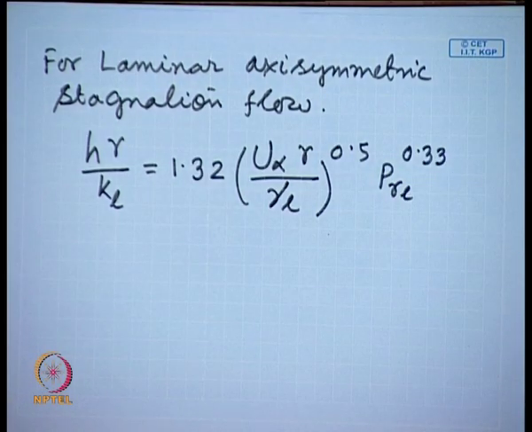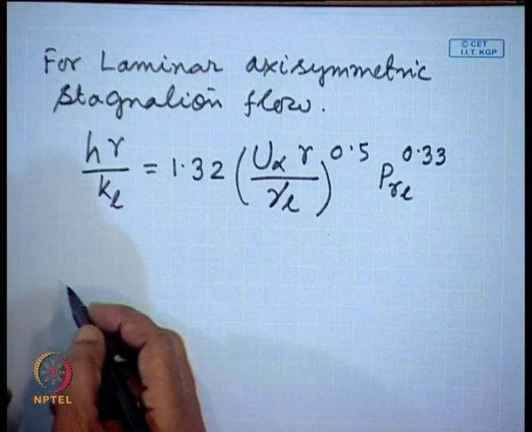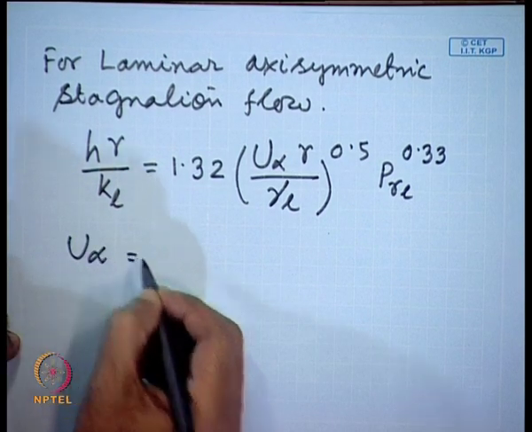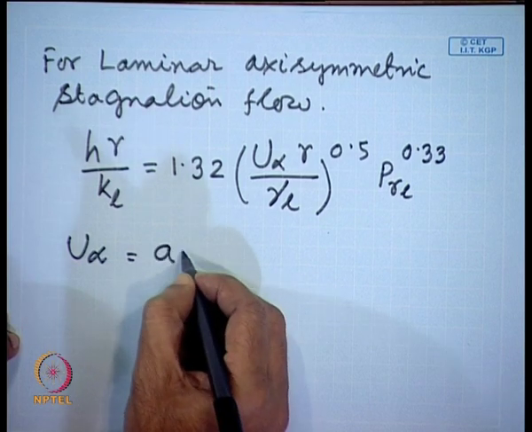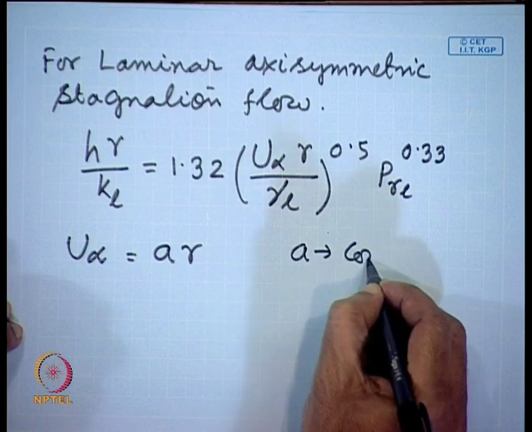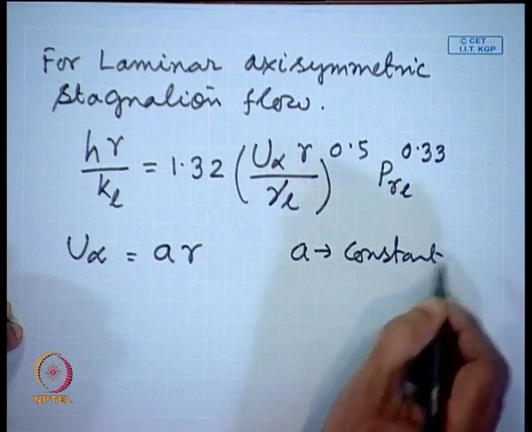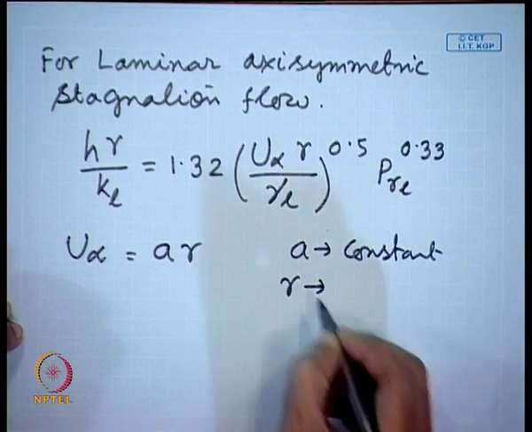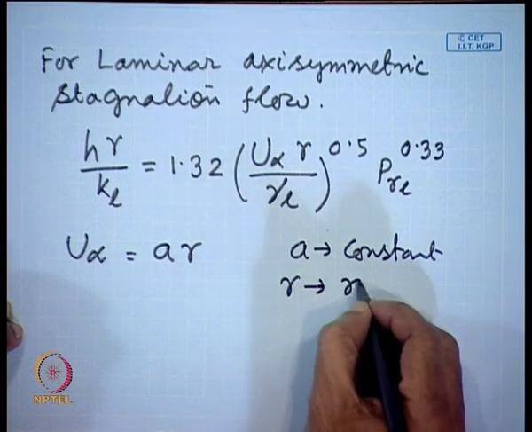So, this is your correlation for laminar axisymmetric stagnation flow, and then U_infinity is equal to a r. a is a constant and r is your radius.